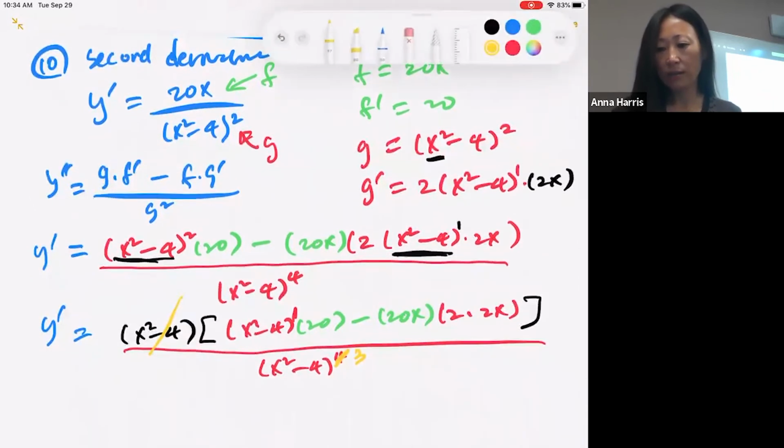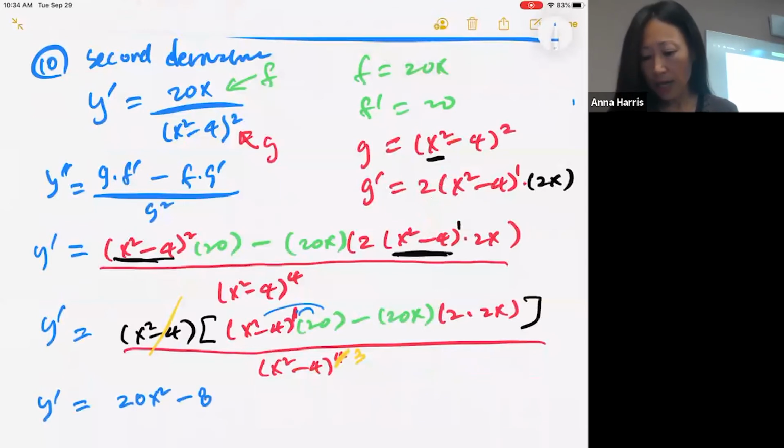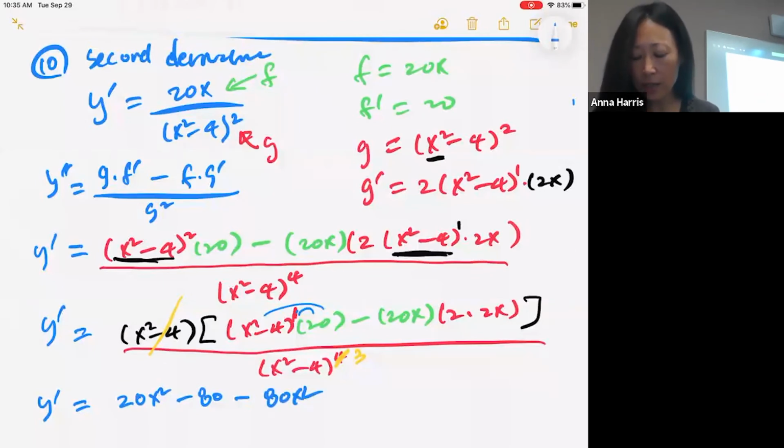Almost done. Now let's do the FOIL. I have 20 times x squared minus 80, because 20 times 2 is 40, and 4 times 2 times 20 gives 80x squared.